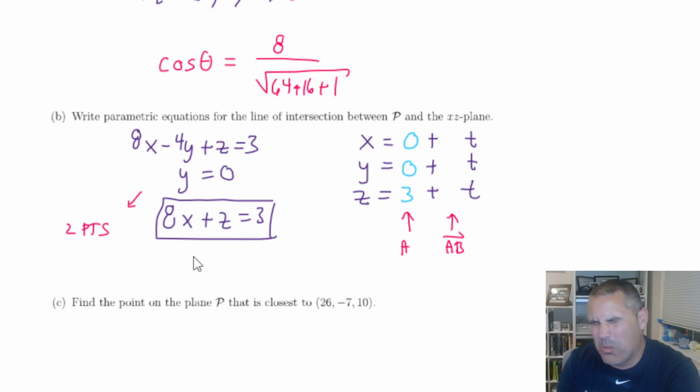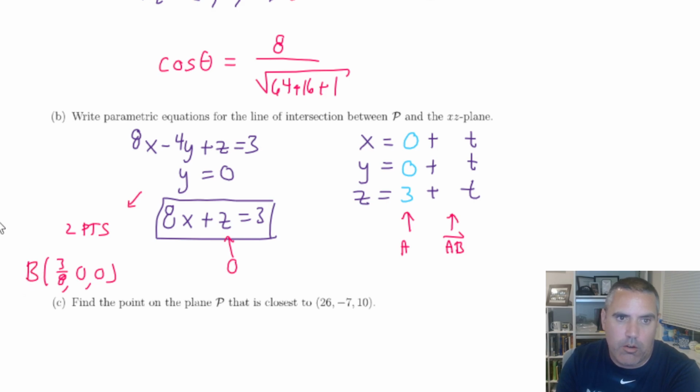Now, if you want whole numbers, you might have to think harder. If you don't care about whole numbers, you could just pick z to be 0, in which case x is 3/8. Yeah, that's kind of bad, but you would have 3/8 and y is 0, 0. This is 1 point, and I already found this point 0, 0, 3.